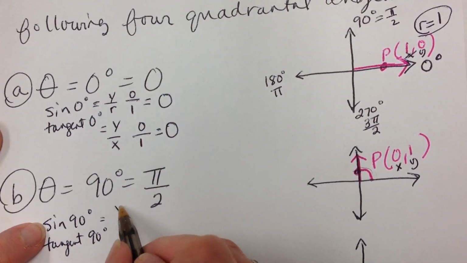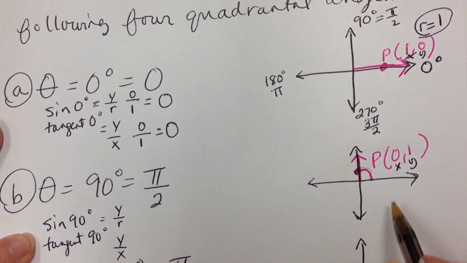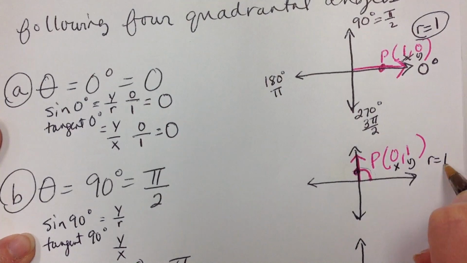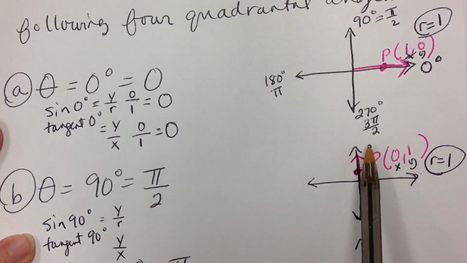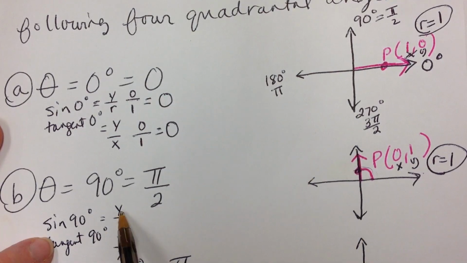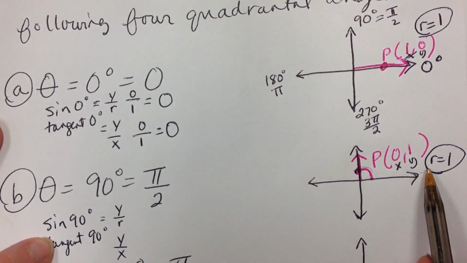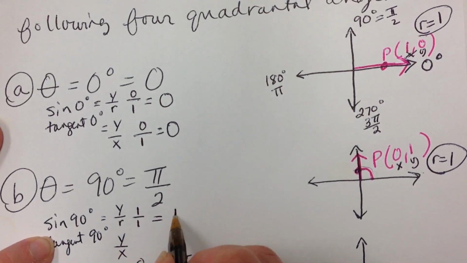Well, sine is y over r, tangent is y over x. Remember, r is always 1 when you're dealing with 0 degrees, 90, 180, and 270. So y over r, y is 1 over 1, so you get 1.